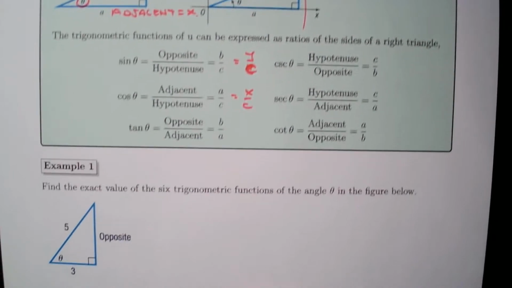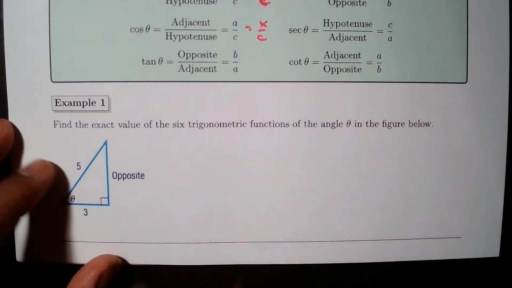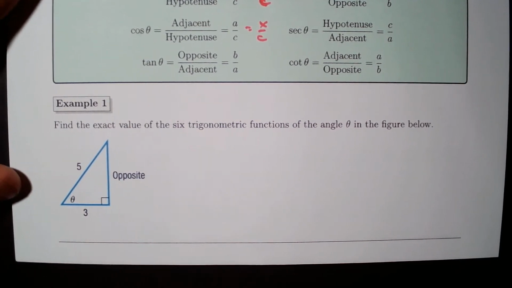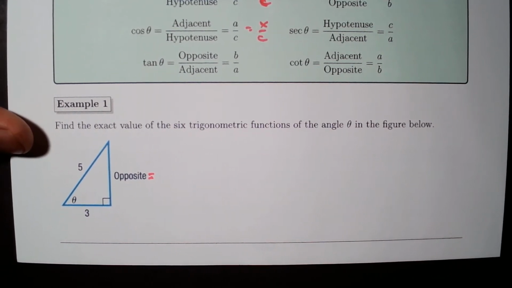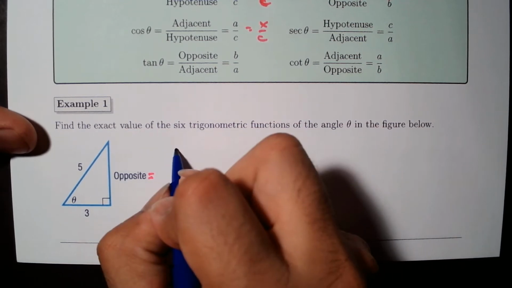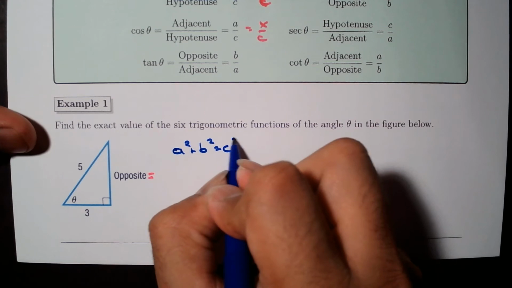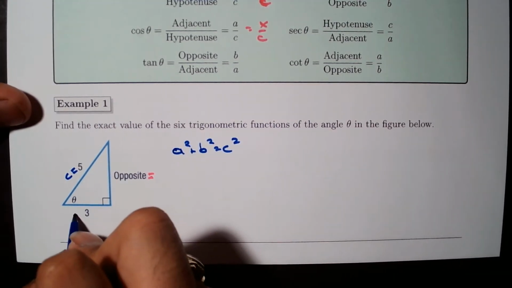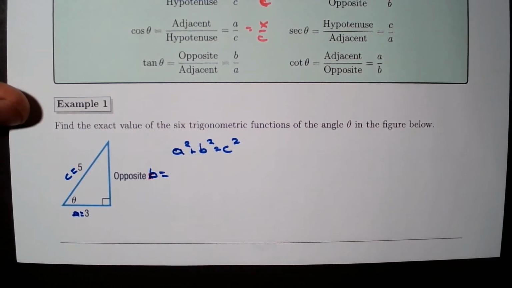Alright, so let's find the exact values of the six trigonometric functions of the angle theta in the figure below. We have this reference angle, and we need to find the length of the opposite side. We are going to use the Pythagorean theorem, a squared plus b squared equals c squared, where this is c, this is a, and this is b. The opposite is b.